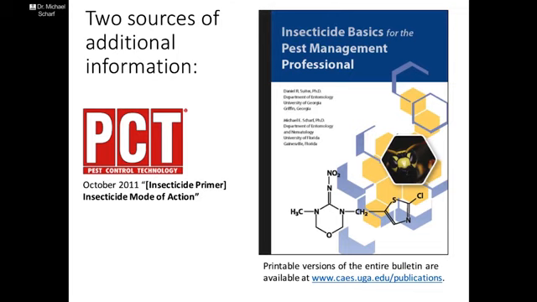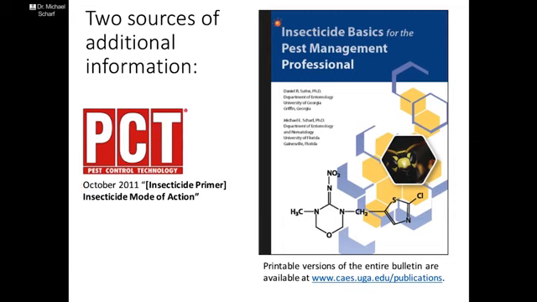There are 2 additional sources of information out there. Everything I'm presenting in this talk, you can also go to. There was an article published in Pest Control Technology in October of 2011, which covers this material.